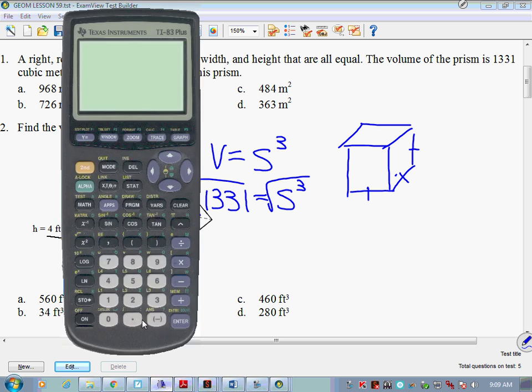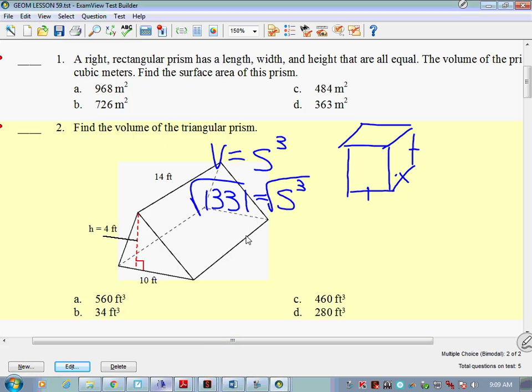So I'm going to pull up my calculator here, and I could probably do our cake method, but let's go to math, because math is going to have a cube root for us. 1,331. That tells me that each side measures 11. All right, so I got 11 here, 11 here, 11 here.